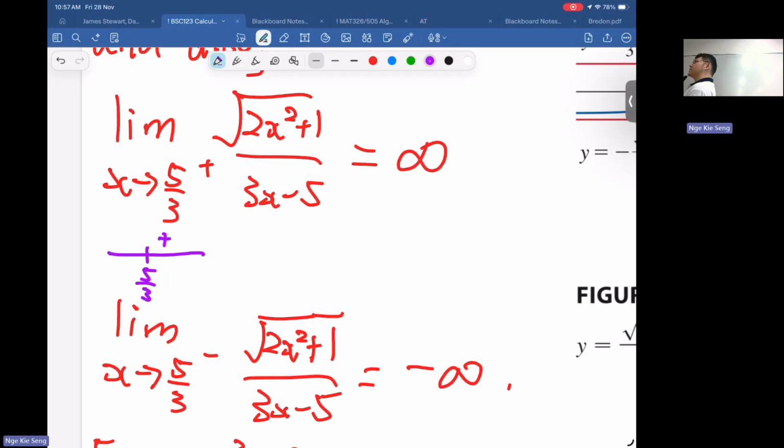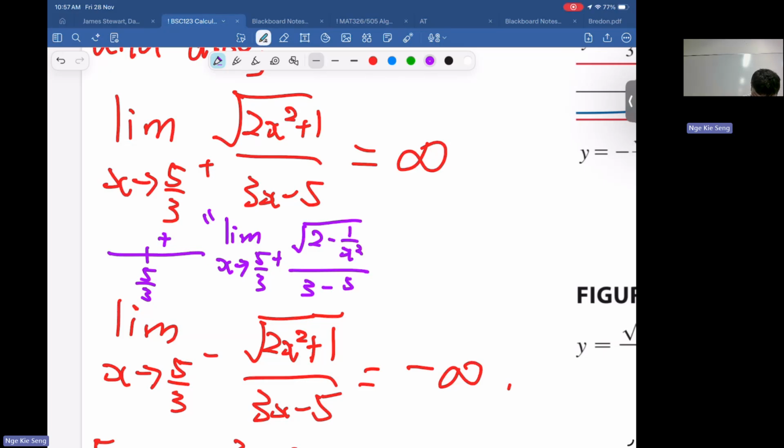Just now what we do is rewrite this again, because this is a positive part already. Then we can make this limit equal to 2/1/x² over 3 minus 5/x. In this form it's easy to see, because the top is continuous, so you can bring the limit in.